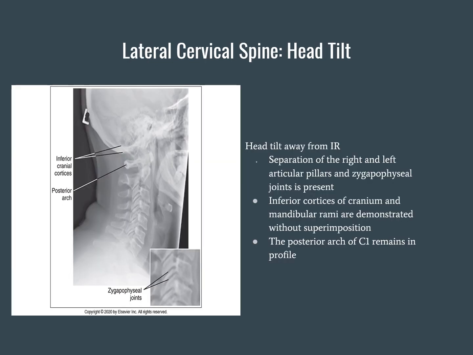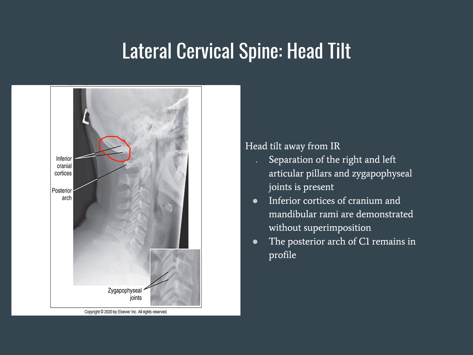Let's talk about head tilt a little bit more in depth. If the head is tilted away from the IR, we'll see a little bit of separation between the right and left articular pillars. Also, the zygapophyseal joints of the upper C-spine and the inferior cortices of the cranium right here will be misaligned, and the mandibular rami are positioned without superimposition.